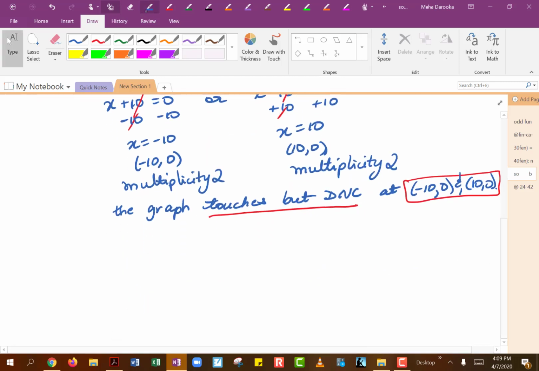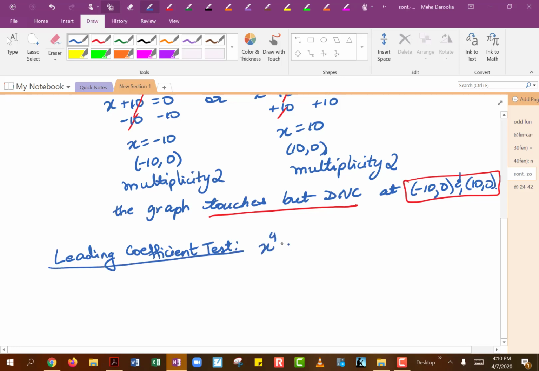Now let's talk about the leading coefficient test. Okay, so remember, for this you are looking at the first term of our function. So that's going to be the x to the fourth, right?